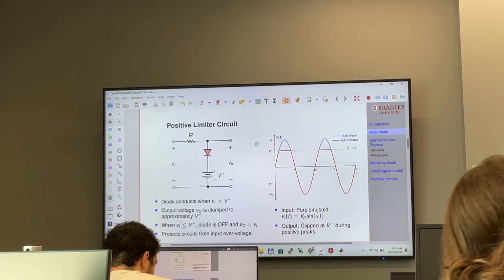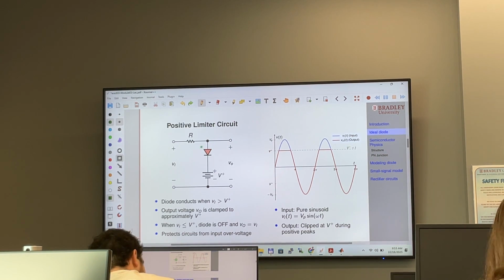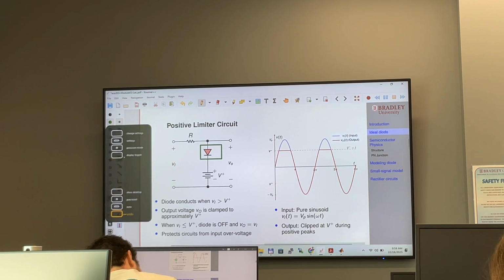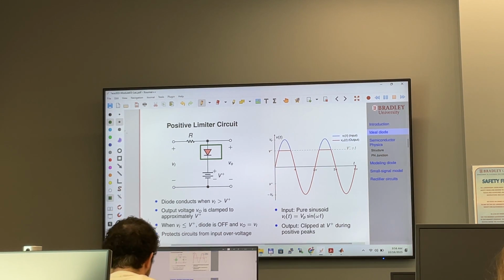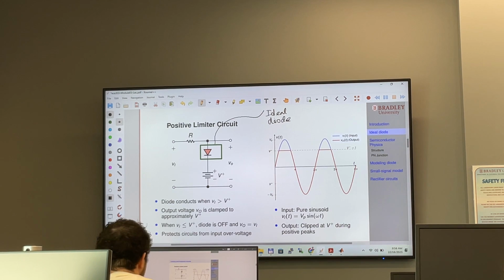Again, we are considering an ideal diode. We will come to the construction later, and there we will not consider the ideal anymore. Now, look.